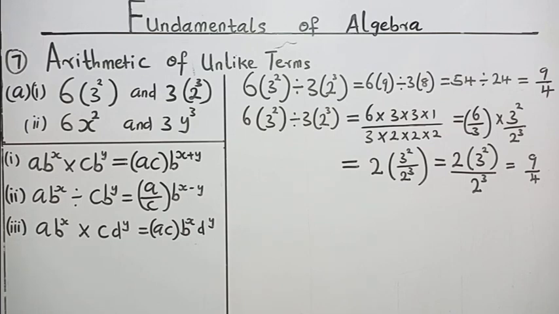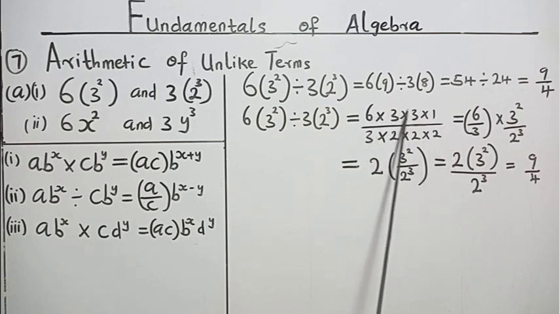Let us see if we can get the same 9/4 using an alternative method. Let's try. We have 6 bracket 3 to the power 2 divided by 3 bracket 2 to the power 3. Same thing as saying 6 times 3 times 3 times 1. This is 6, have it here. 3 to the power 2 means 3 times 3. This 1 is included just to equalize the number of times numbers multiply up and down.